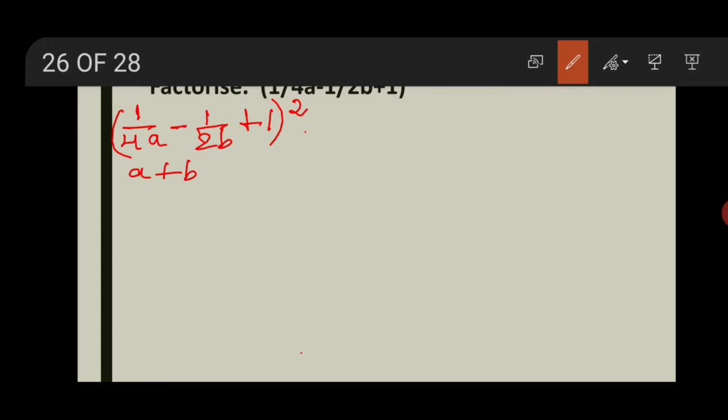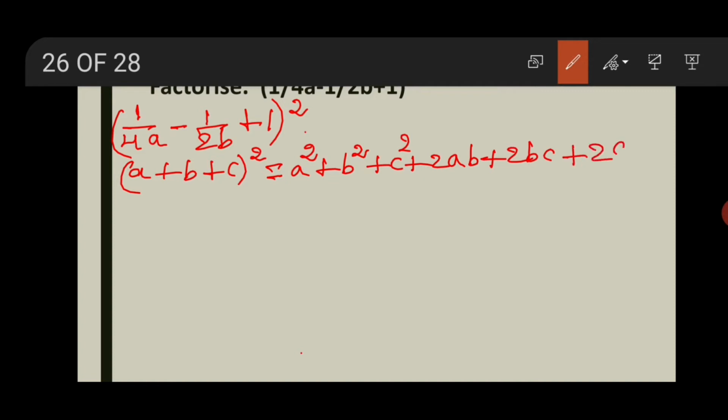This resembles a plus b plus c whole square is equal to a square plus b square plus c square plus 2ab plus 2bc plus 2ca. Here, what is the value of a? A is equal to 1 by 4a, b value is minus 1 by 2b, and c is 1.